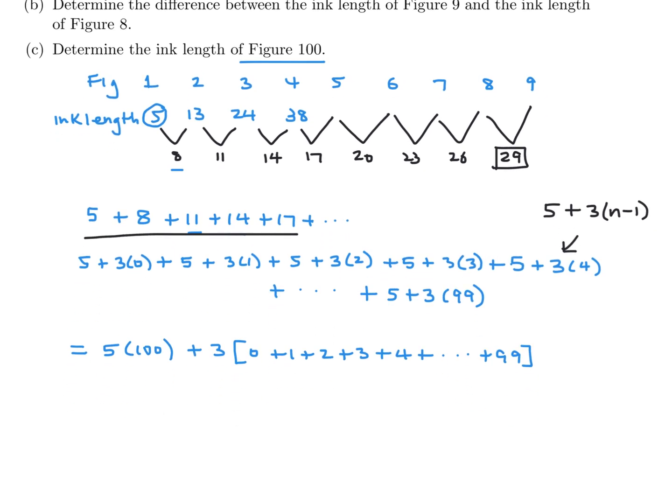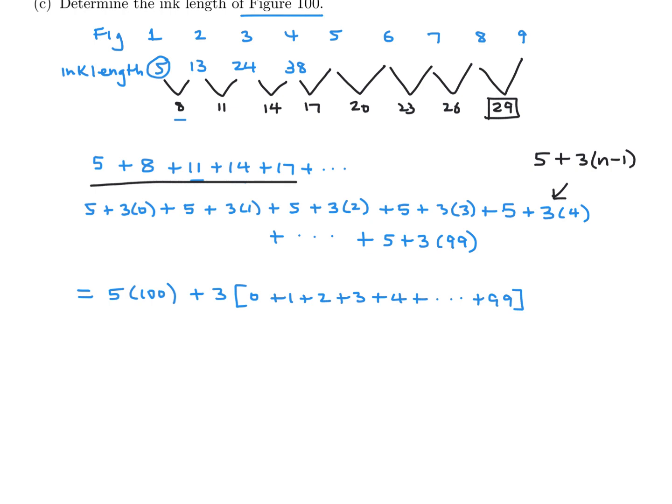Okay, I believe that's going to help us. So this is 500, and then this will be 99 times 100 all over 2. And when you crunch out these numbers, you will get 15350. So with a little bit of pattern recognition, you can get this question solved pretty quickly.